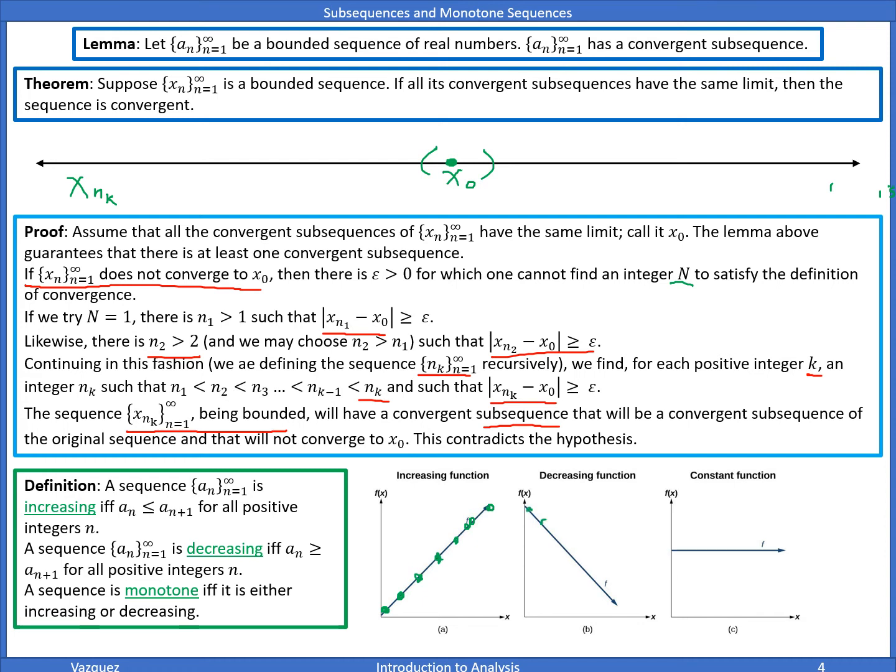A decreasing sequence would just be going down, so it's the same concept as with functions. Here we have a constant function. This one is also monotone because it's both decreasing and increasing by definition over here. I know that can be a bit confusing, but we have a weak inequality that makes this an increasing and decreasing sequence. But it's the same concept.